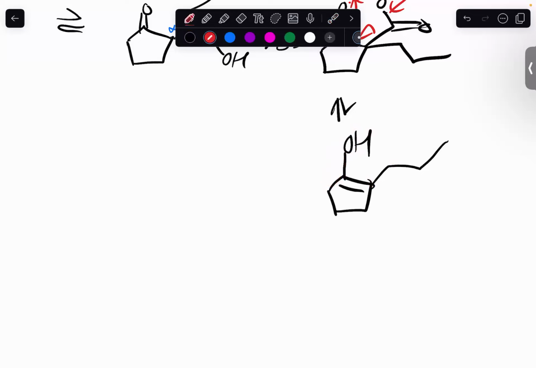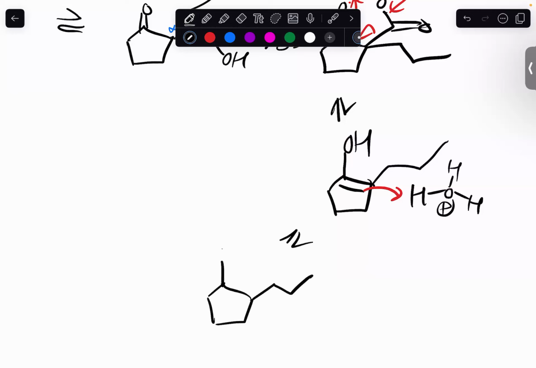So that means that this carbon here is going to grab the hydrogen from the acid, right? When that happens, wait, no. That carbon grabbed the hydrogen. This carbon lost the bond, which is why it has a positive charge.